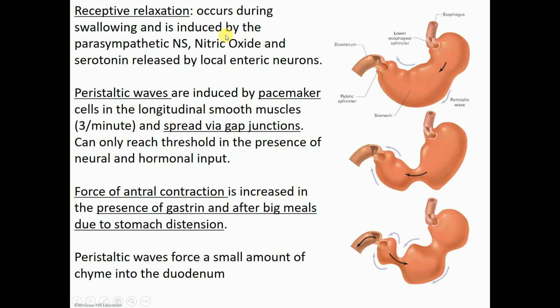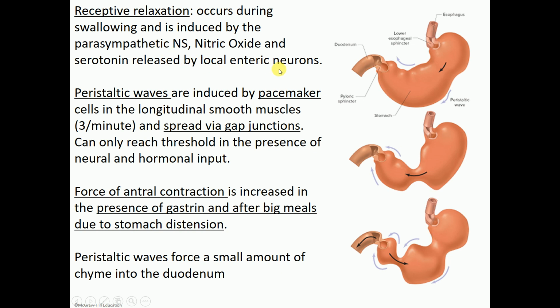Before they start moving, while we're actually eating, the stomach has to relax in order to take in the food as we swallow. That is known as receptive relaxation, meaning the stomach is relaxed in order to receive the food. That happens when we swallow, and it is mediated by the parasympathetic nervous system, and also the local enteric neurons.